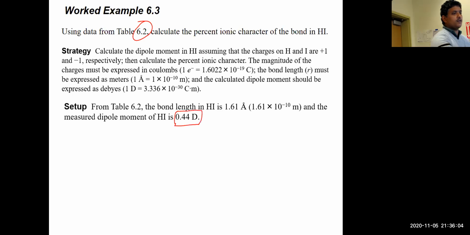So you don't have to do that. What you have to do is calculate the dipole moment assuming both hydrogen and fluorine are acting like ions, because we got data when hydrogen and fluorine are acting like a non-polar covalent bond. When they are acting like a non-polar covalent bond, the dipole moment between them is only 0.44.